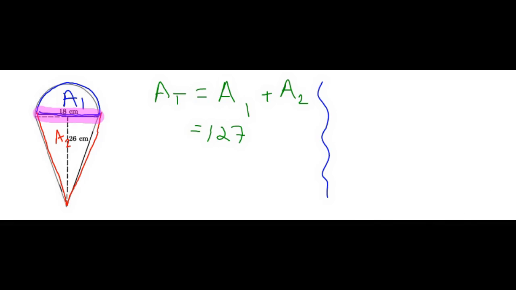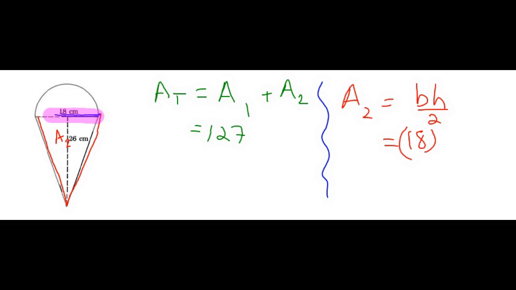So area 2 is a triangle, and the area of a triangle is always base times height divided by 2. So the base of this triangle happens to be the diameter of that semicircle at 18. So I'm going to plug that into my formula.